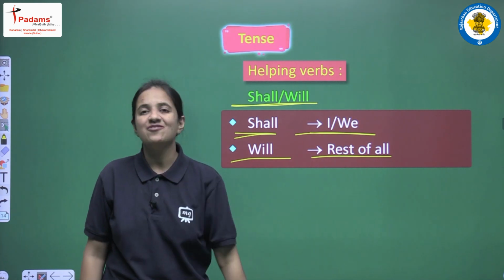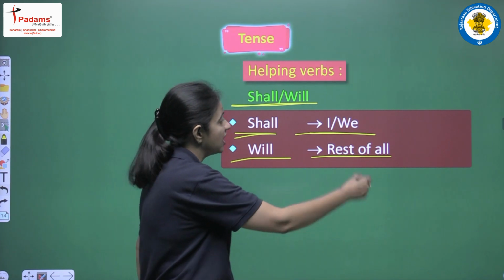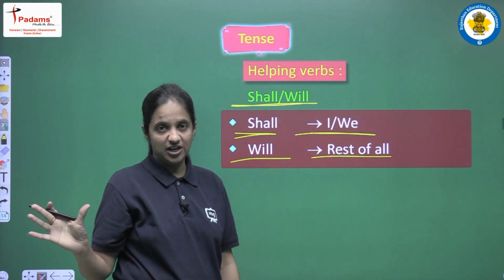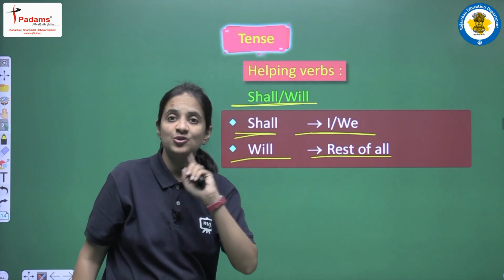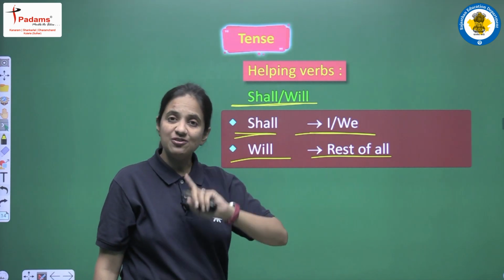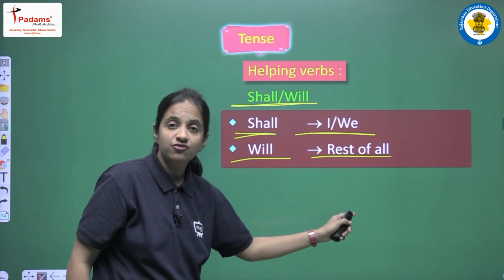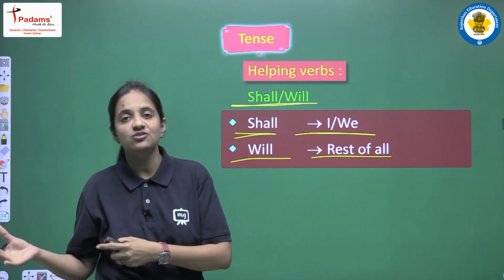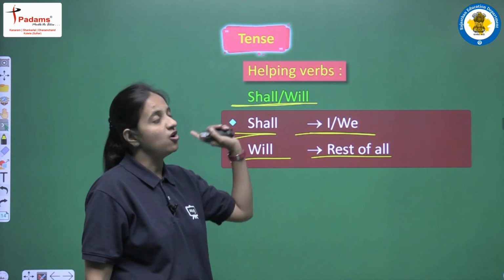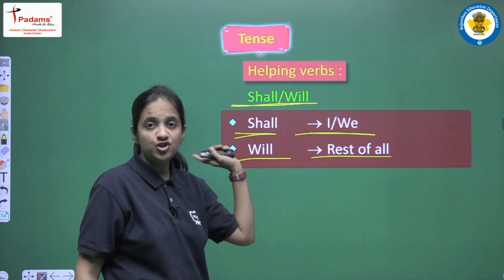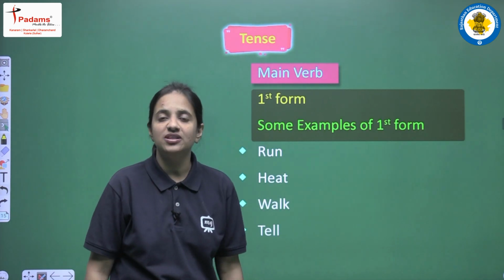One thing I want to clear here, don't get confused, students, because I and we are plural subjects. It doesn't mean that we use shall for plurals. No, we use shall only for two subjects, I and we, and for all the rest of the subjects, whether nouns or pronouns, we use will. Clear?